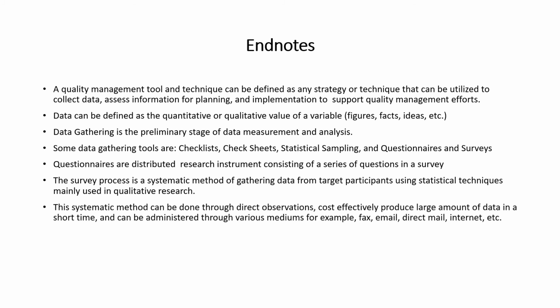This systematic method can be done through direct observations. It is cost effective. It produces a large amount of data in a short time and can be administered through various mediums. For example, fax, email, direct mail, internet, etc.